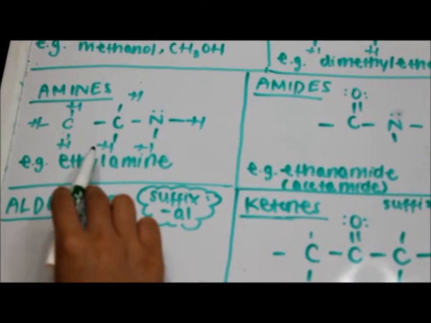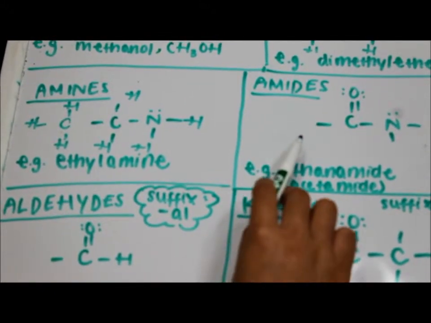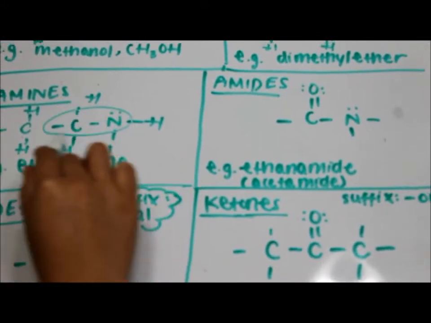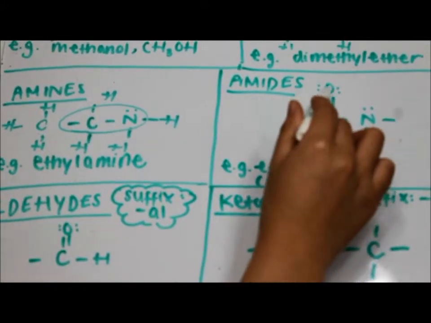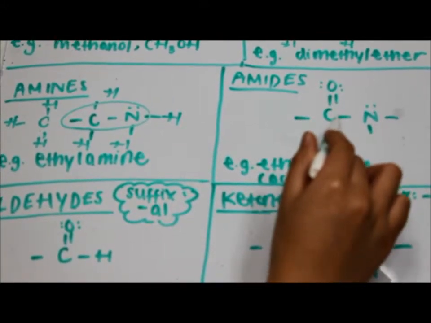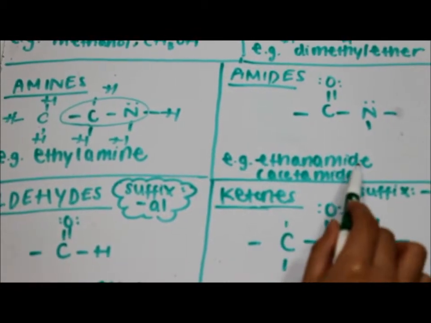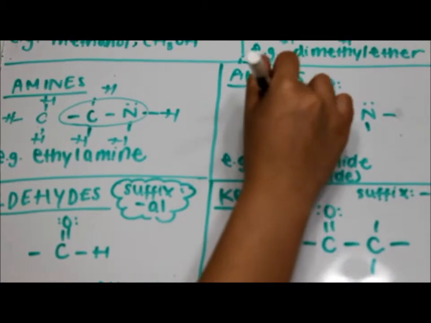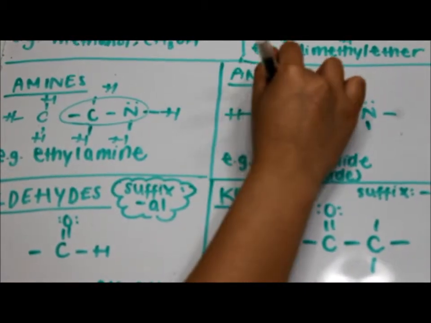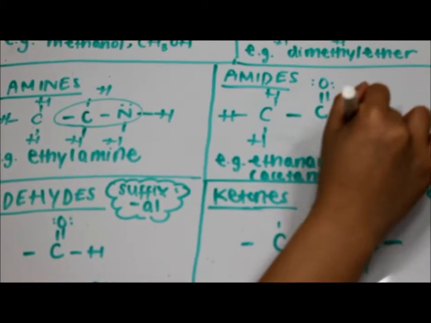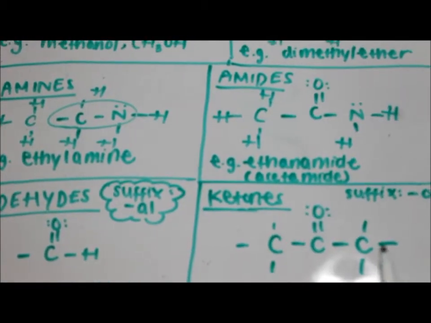A very closely related functional group is the amides, and they look very like the amines, except they have an additional oxygen double bonded to the carbon. And an example is ethanamide, which looks like that.